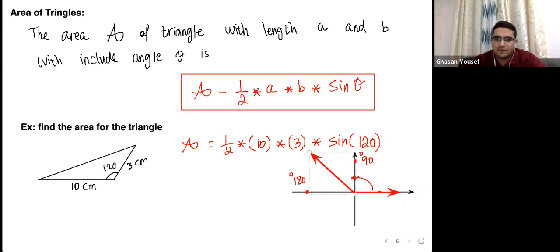Okay. So actually, the angle is in the second quadrant. The sine in the second quadrant has a positive sign.